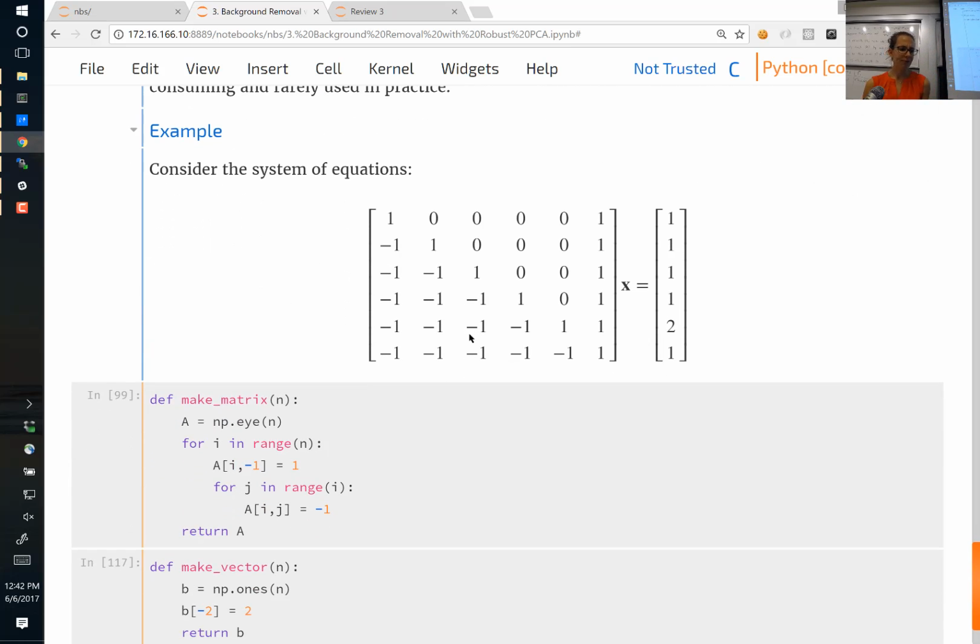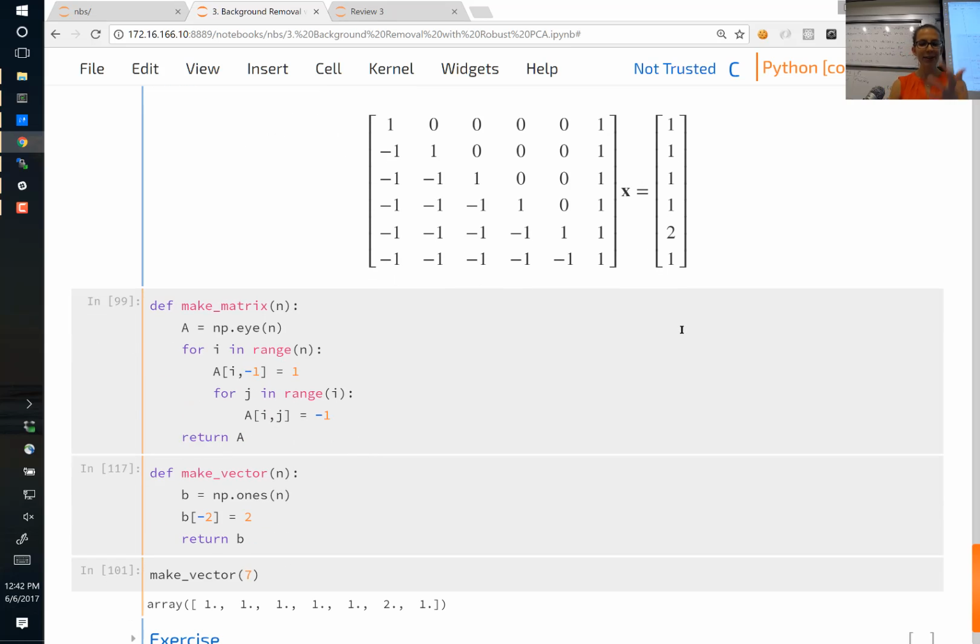So now we're going to look at a system of equations of this form. Here we've got a matrix where we've got ones on the diagonal, ones in the last column, negative ones below the diagonal. And we're saying that times x equals this vector of ones with a 2 in the second to last entry. This is a very particular type of matrix that we've constructed.